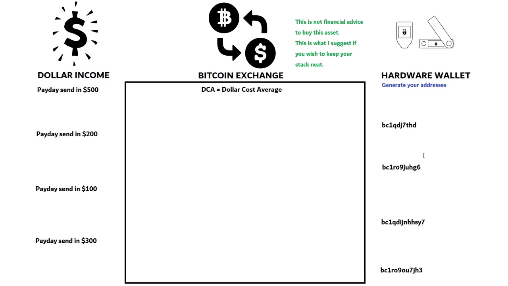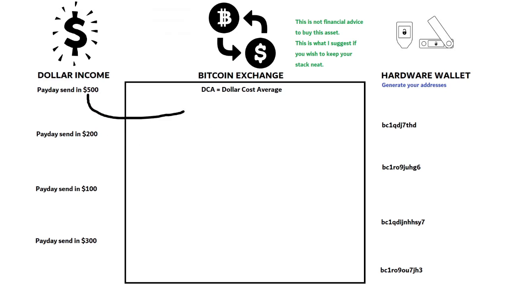Okay, so what is going on here? The way I see this is, if you've got a payday coming in, and I've just thrown some random numbers here, let's say your payday comes in and you go, well, I can spend $500. So you send that into your exchange.